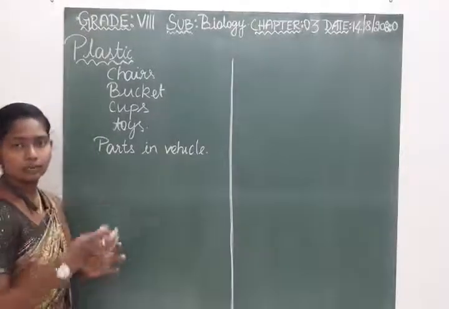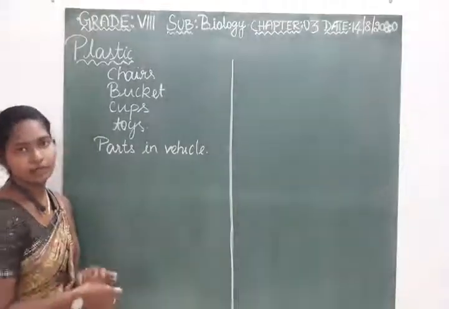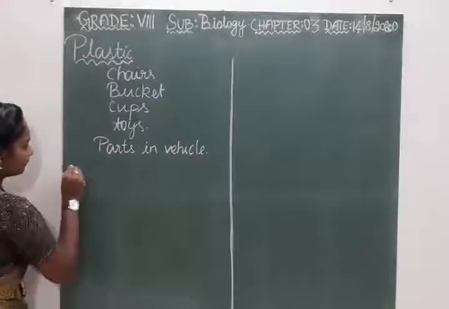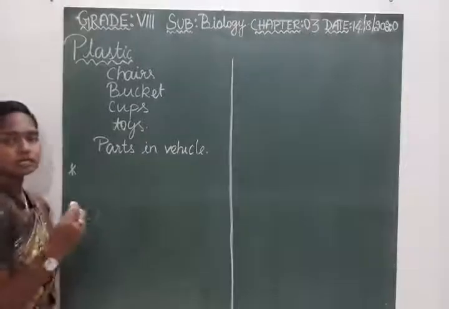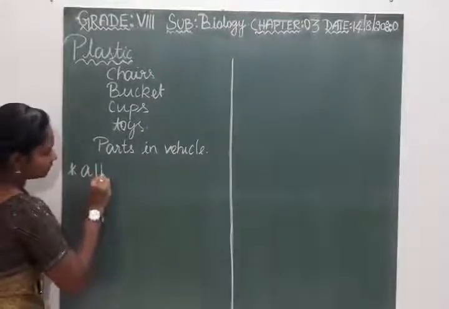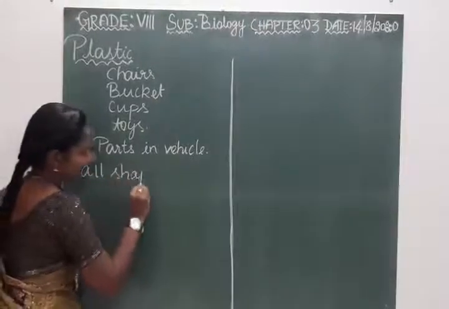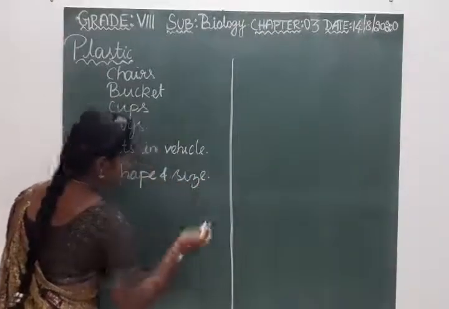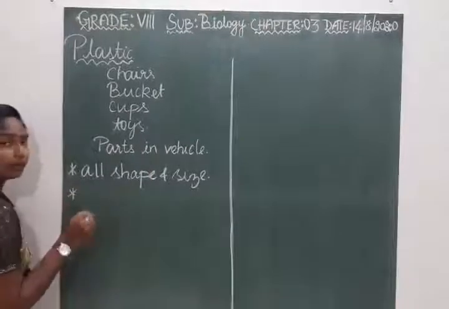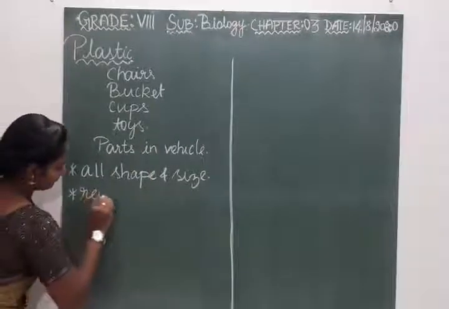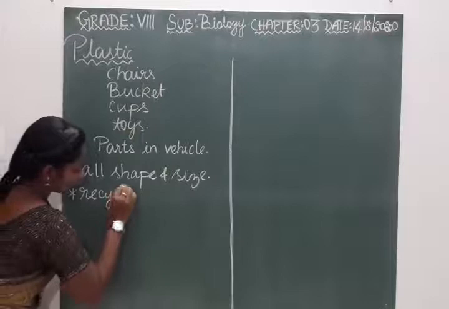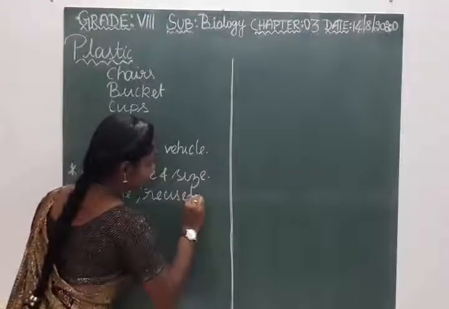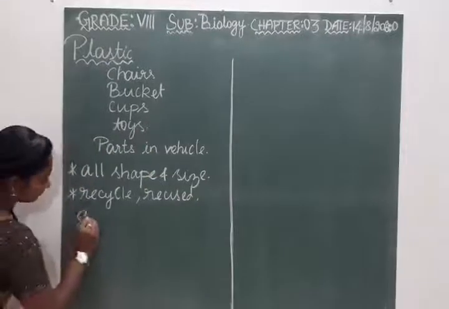So why are we depending on them? What is the reason for that? They have specific characteristics: they can be made into all shapes and sizes. And plastics can be recycled, reused, and we can add colors.